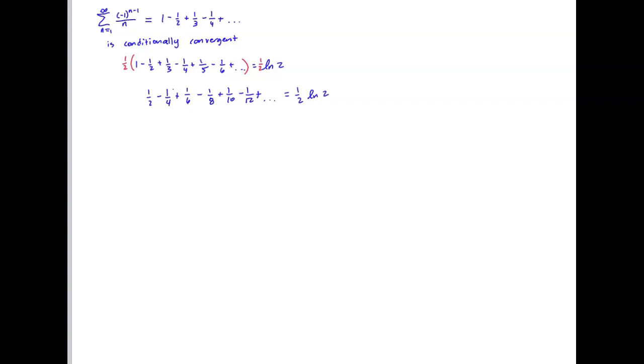So if I add in 0, and then plus 1/2, plus 0, and then minus 1/4, plus 0, and then plus 1/6, and then plus 0, and then minus 1/8, and so on. That should still just equal 1/2 natural log 2, if all I did was add in zeros, right?